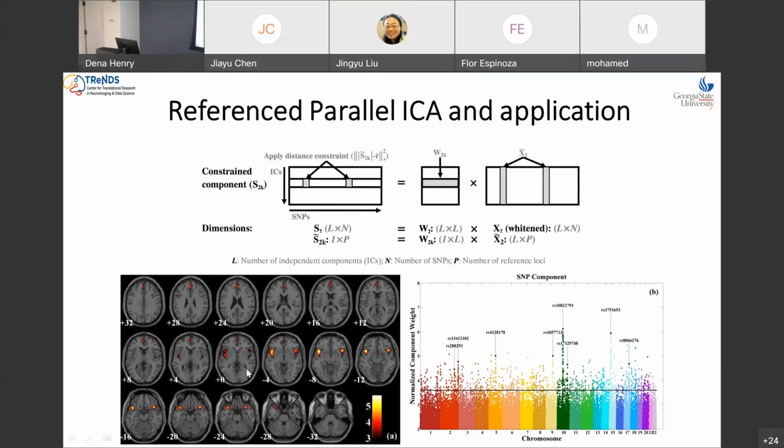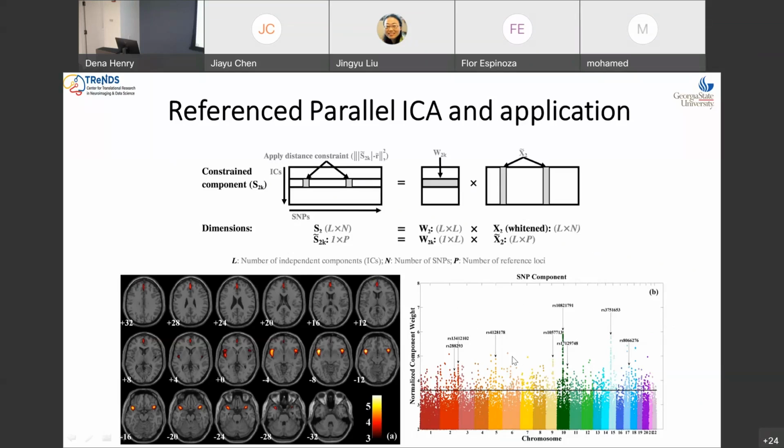On the left side, it's the frontal temporal component, which has been consistently identified to have schizophrenia versus control difference in different cohorts. And on the right side, you can see we have this Manhattan plot for a genomic SNP component, where we had not only those reference SNPs, but also other identified SNPs.